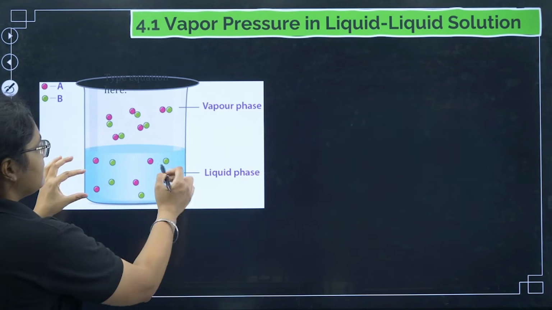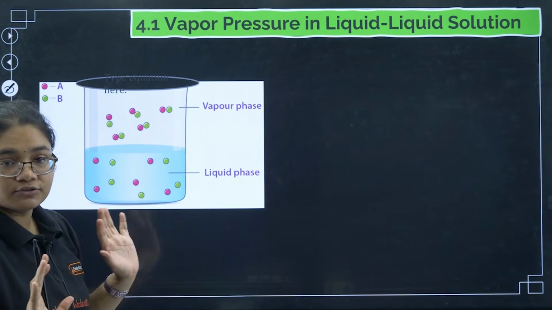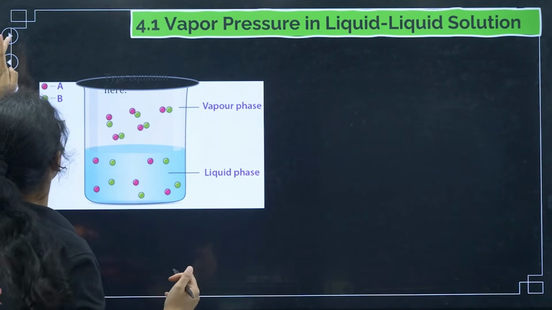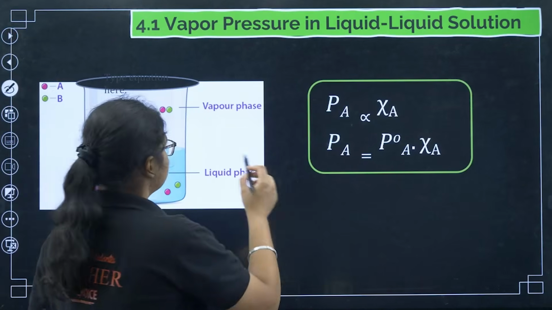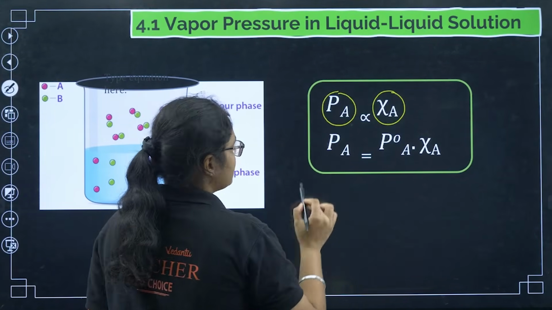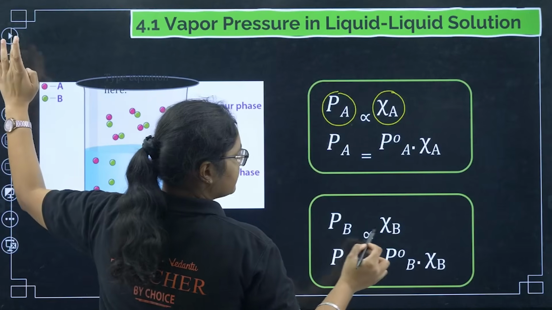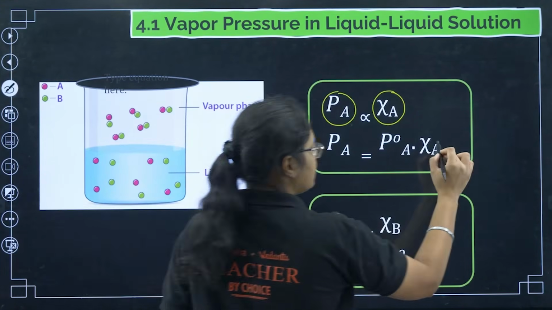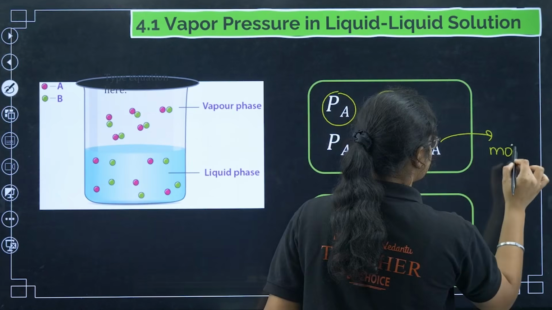Green will evaporate, pink will also evaporate, so green will create some vapor, pink will also create some vapor. So I can say that the pressure created by A will be proportional to the mole fraction of A, and the pressure created by B will be proportional to the mole fraction of B. XA and XB are the mole fractions in the solution.